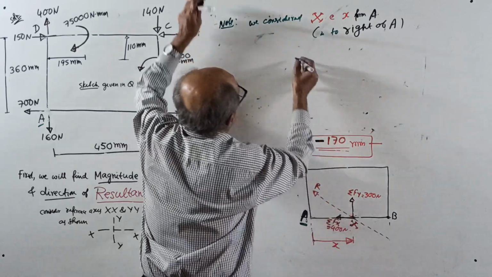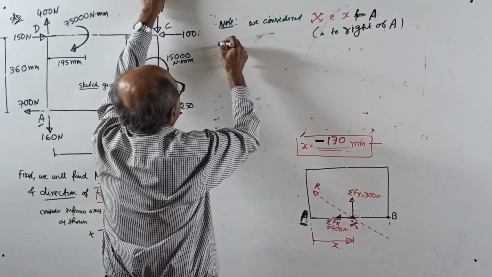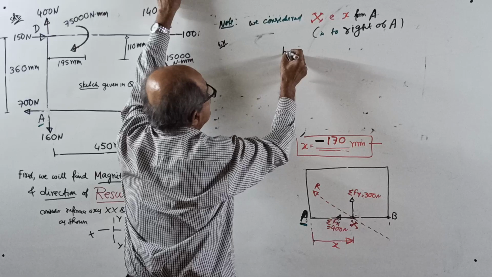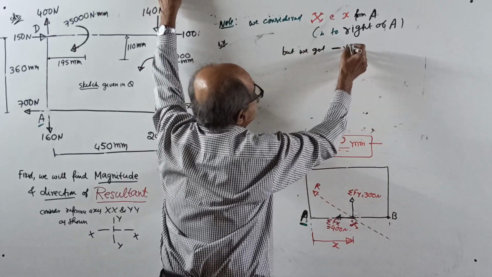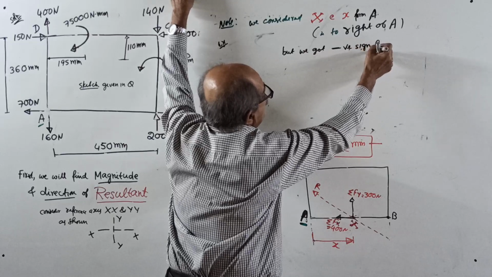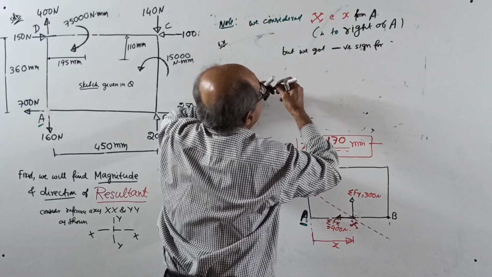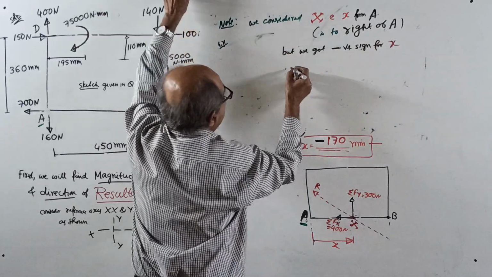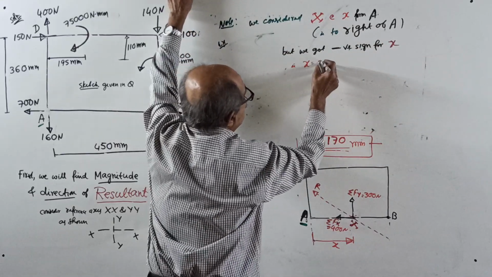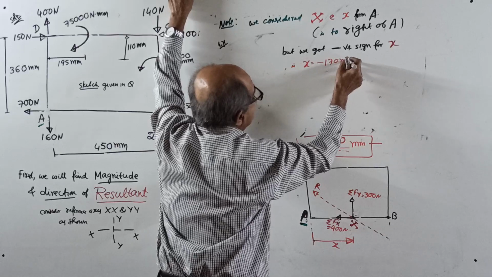To the right of A. Actually, in the examination, you need not write this. But we got a negative sign for x. That is, we got x equal to minus 170 millimeter.